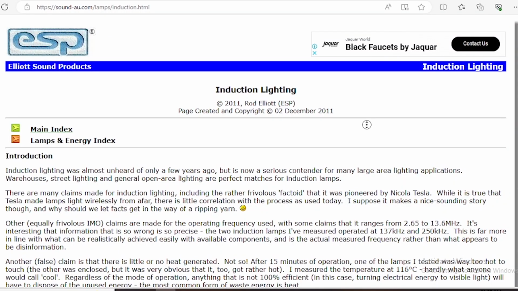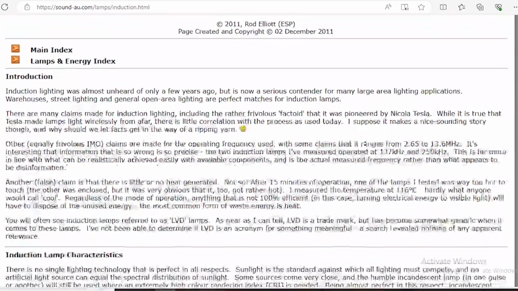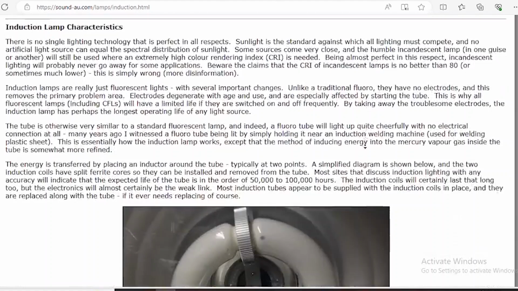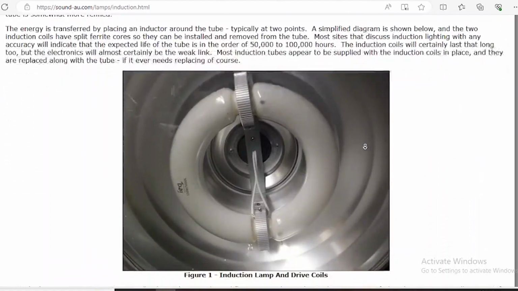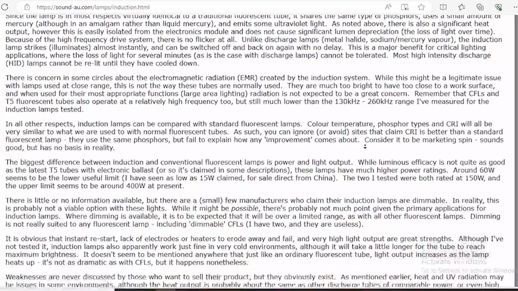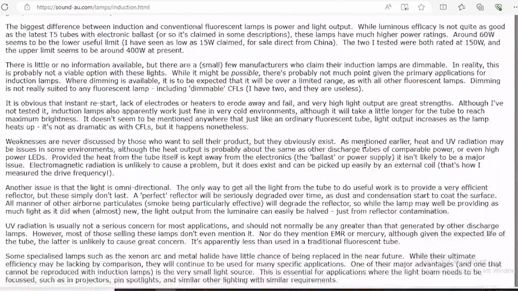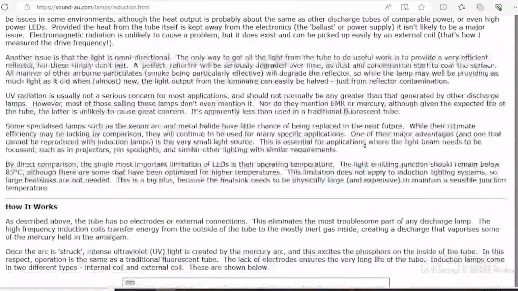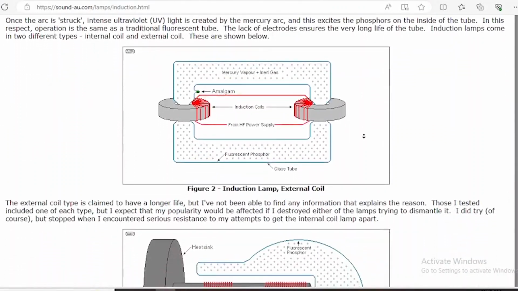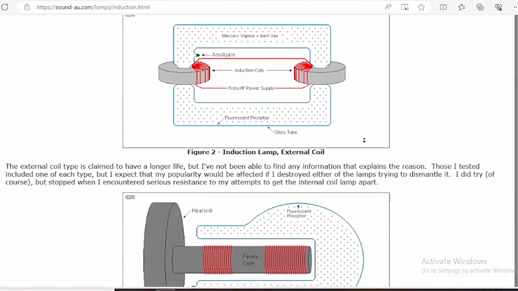Then we have some critical information here. What is an induction lamp? Induction lamps are completely irrelevant to this type of LED lighting. Induction lamps use generated high frequency, which is provided to a ferrite core based coil, and then we have mercury vapor or some internal gases.